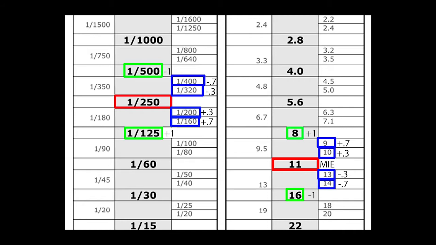Let's look at the squares next to 250th of a second. Remember, for this, when we bracket with a shutter, the aperture stays at f11 the whole time. In blue are the 1/3 stop increments, and in green are the full stop increments.